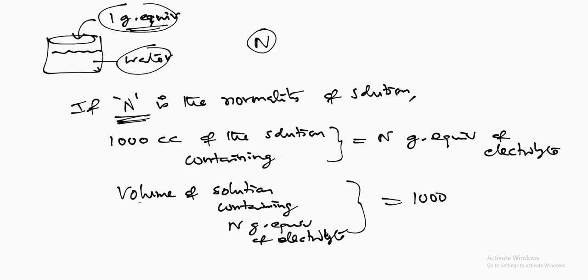That's the meaning of normality. I am just rewriting it the other way: 1000 cc contains N gram equivalents, so the volume of the solution containing N gram equivalent of electrolyte is 1000 cc.